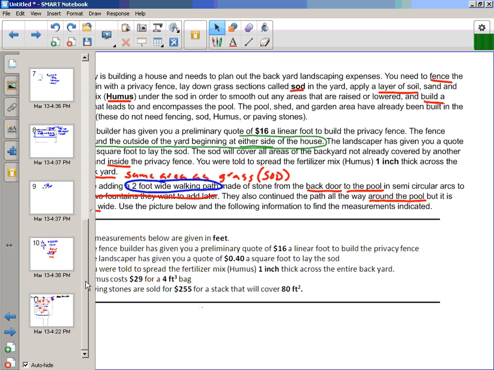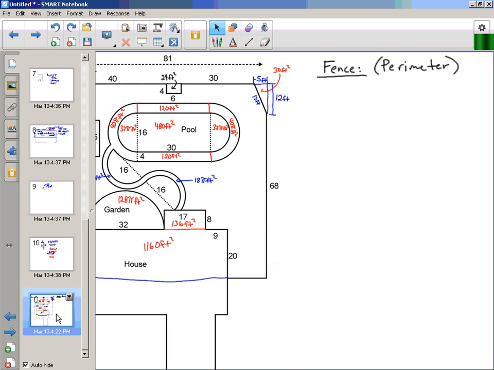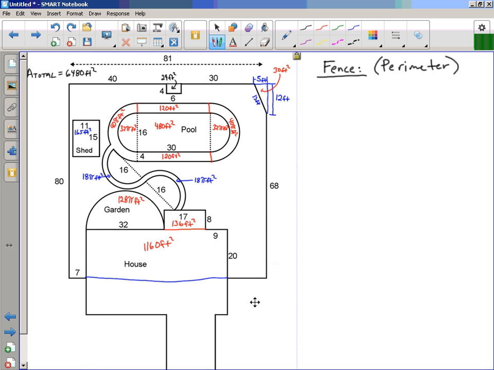So if we go back to this one, that means that the fence starts here and goes around, following this back. So it looks like I need some more measurements. I guess I left one off earlier. I don't know how long this section is here.